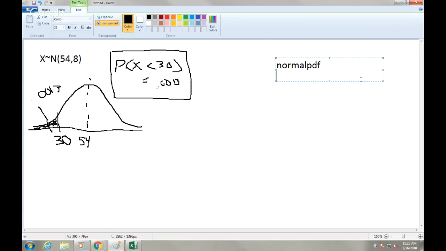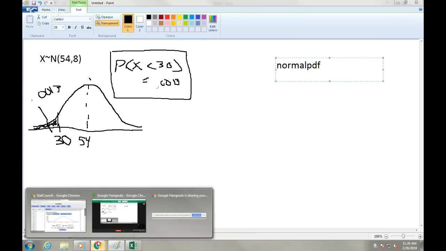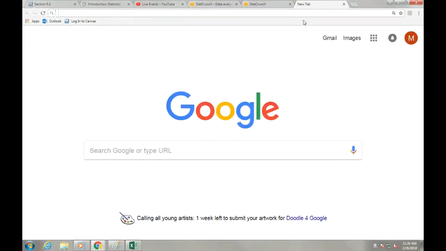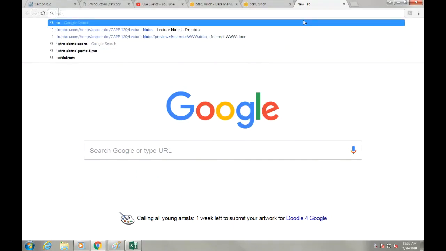But the command you're probably looking for is normal PDF, and depending on what you give it, it will spit back something. Look for it on your own.